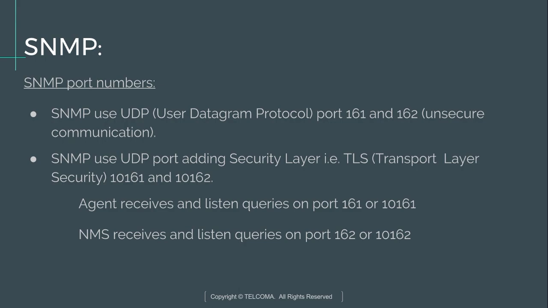So here it uses UDP ports 10161 and 10162. The agent receives and listens to queries on port 161 or 10161, whereas the NMS, that is network management station, receives and listens to queries on port 162 or 10162. So these are the ports of SNMP.